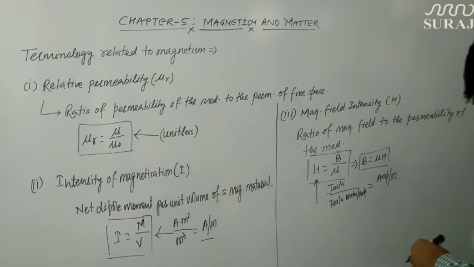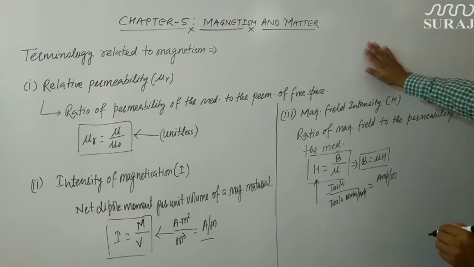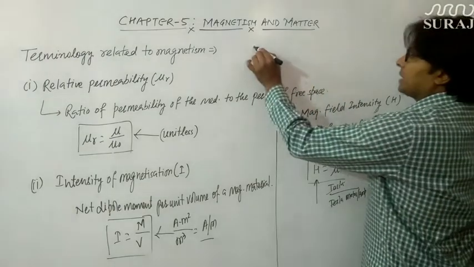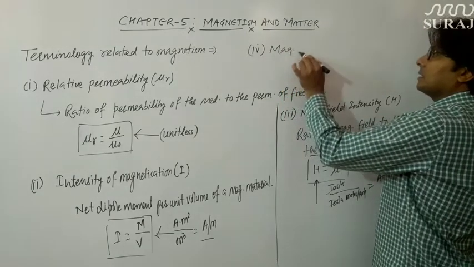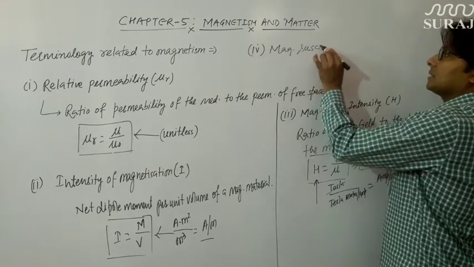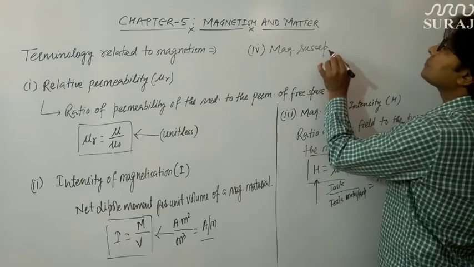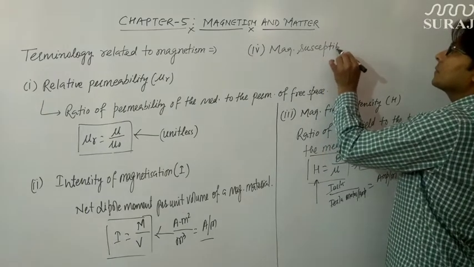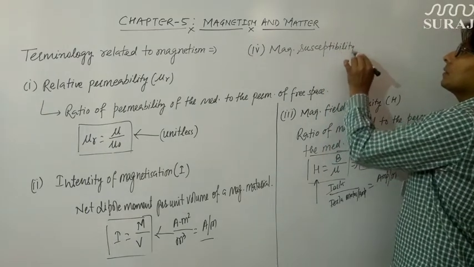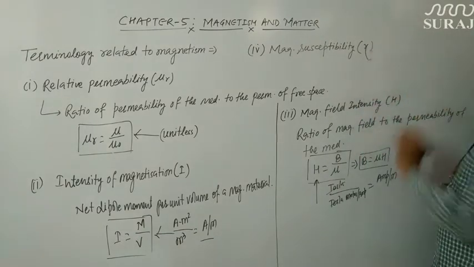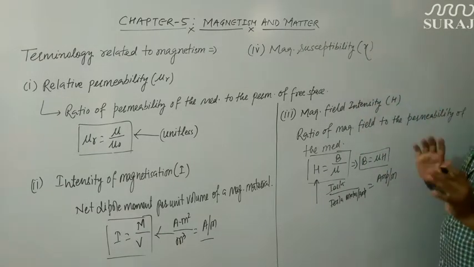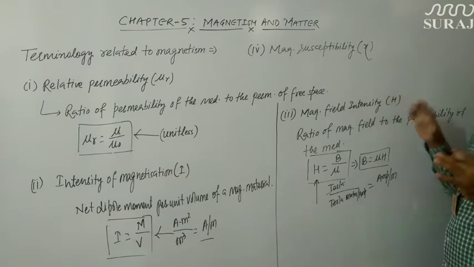Next term we are going to define is susceptibility, or magnetic susceptibility. It is denoted by the symbol Chi.